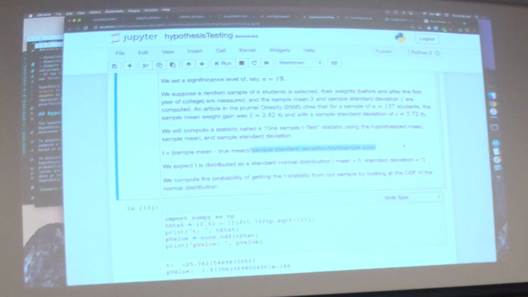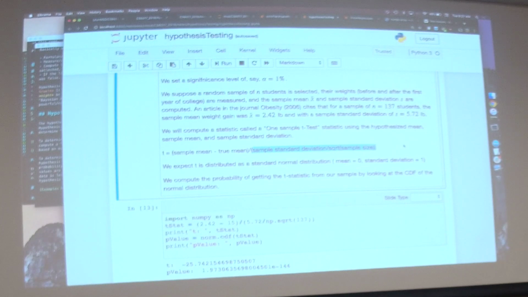Okay. So in this case, we don't have a hypothesized standard deviation. We are hypothesizing that freshmen gain a lot of weight, but we have no idea whether it's a really wide tail or if everybody gains exactly 15 pounds. So we're not including that in our statistic.